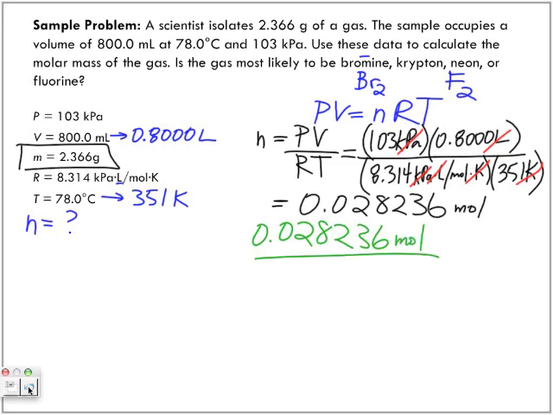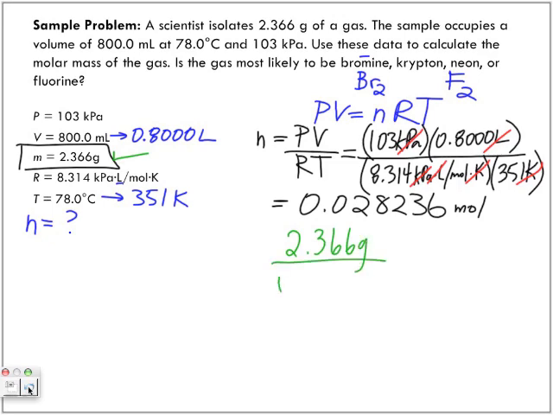We're going to divide the mass by it, the other way around, sorry. So 2.366 grams divided by 0.028236 moles.